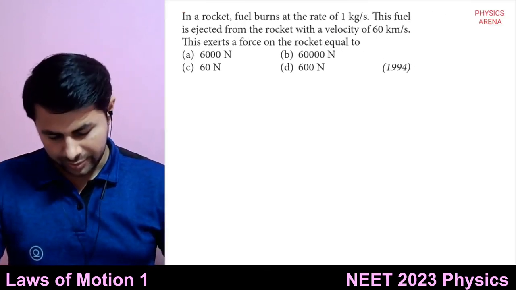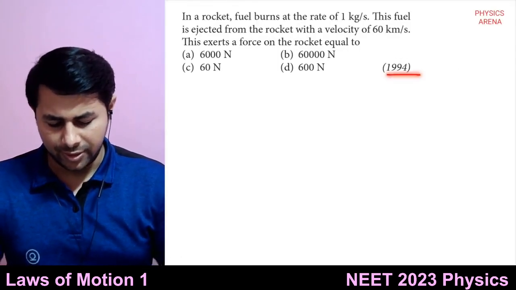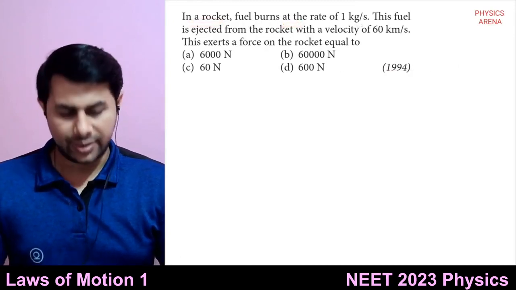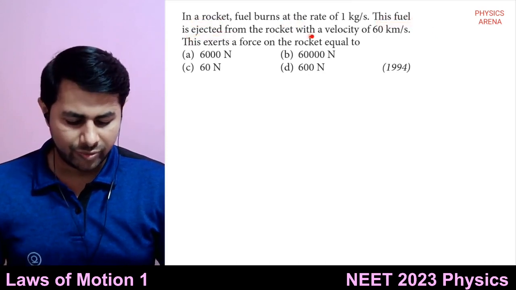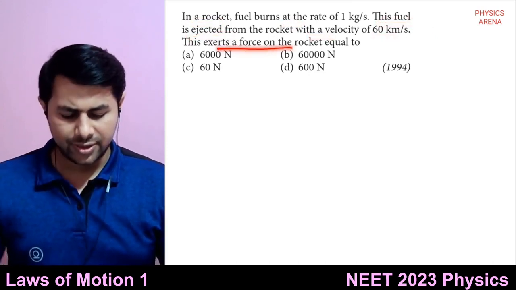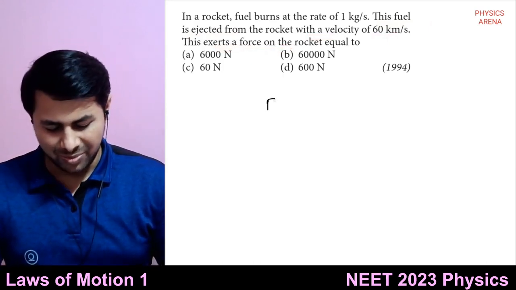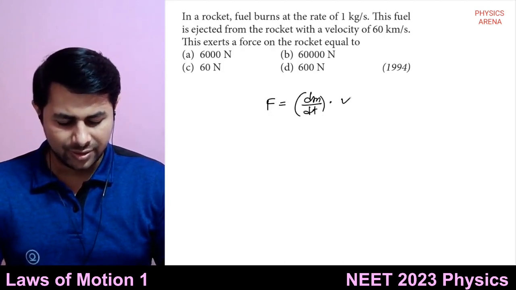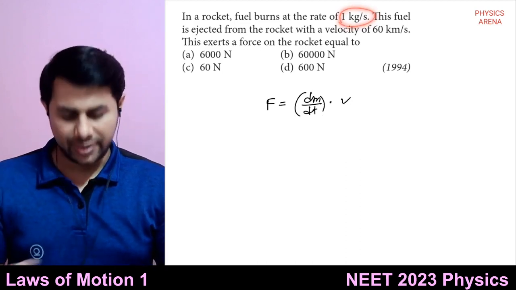Next question. Again, this was in 1994. In a rocket, fuel burns at the rate of 1 kg per second. This fuel is ejected from the rocket with a velocity of 60 kilometers per second. This exerts a force on the rocket equal to. This is a direct question, right? So F is equal to dm by dt multiplied with V. dm by dt is given as 1 kg per second.